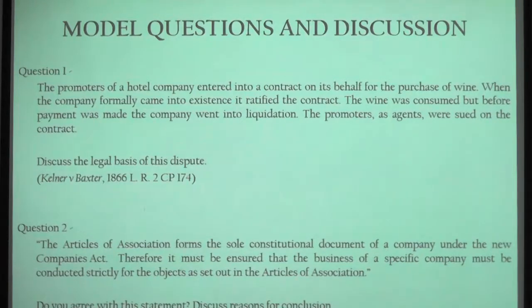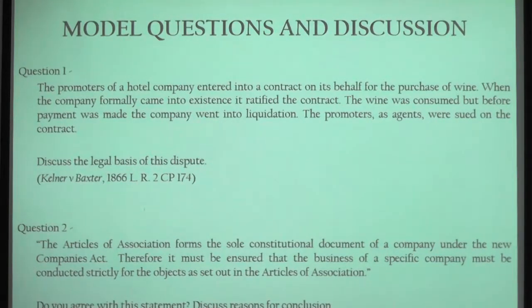But what happened was that after the company was incorporated, the directors ratified that pre-incorporation contract of purchasing the wine. However, before the payment was made to the seller of the wine by the promoters, the company went bankrupt and ran into liquidation.